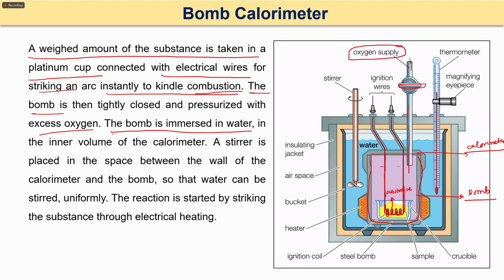The bomb is immersed in water in the inner volume of the calorimeter, and a stirrer is placed in the space between the wall of the calorimeter and the bomb. So this is your water and this is a stirrer. The stirrer is used here in order to maintain a constant temperature throughout the calorimeter.